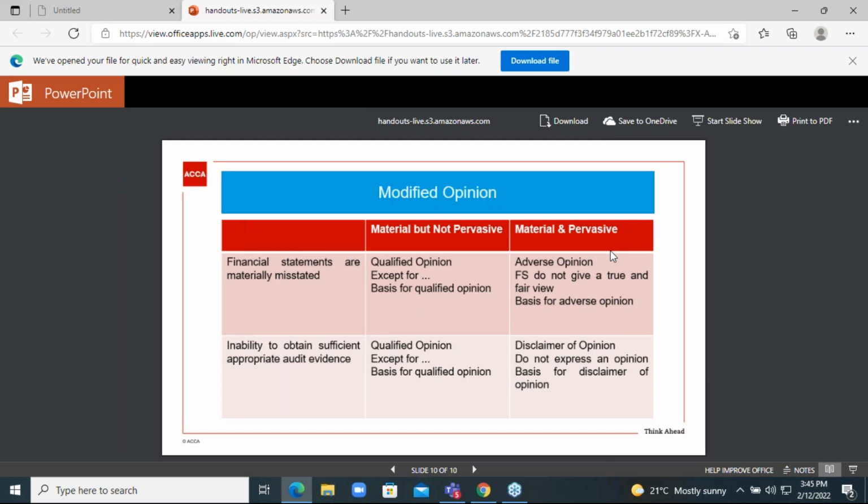So what do you think could be the threshold for an item or a misstatement that is very material? So yes, according to ISA 705 modified opinion, pervasive is defined as any misstatement that is not confined to a head, ledger or account balance. Means any transaction that may have impact on whole financial statement can be pervasive.